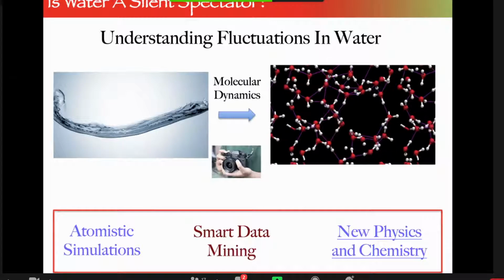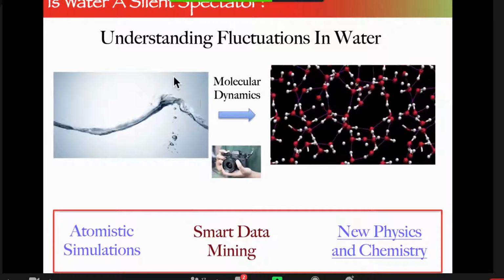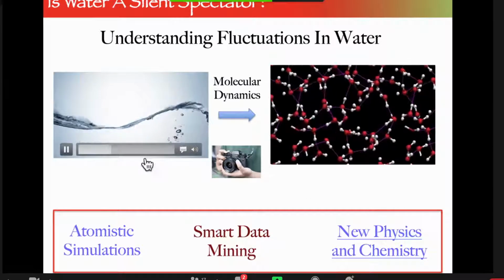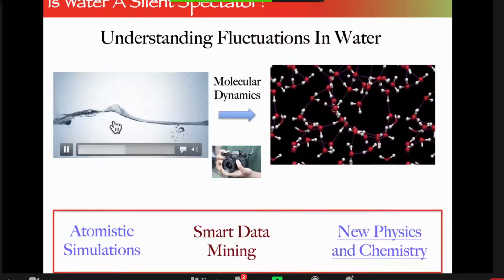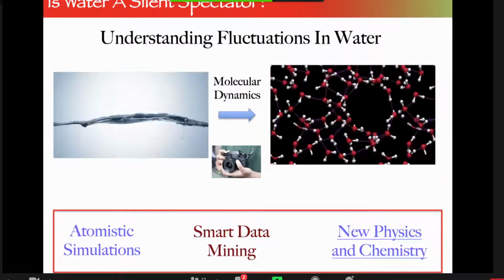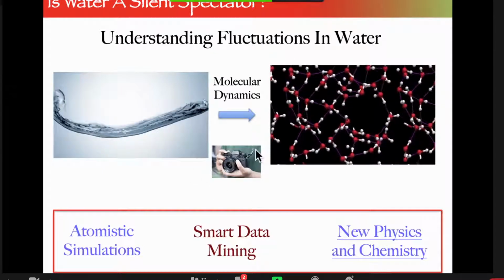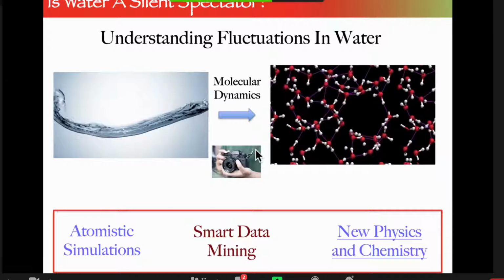If you want to understand that, the thing one is usually interested in is trying to understand fluctuations in water. You just saw these two movies that I showed you. Our goal is to take macroscopic scale objects like these water ripples on the surface of glass, and we use a technique called molecular dynamics.